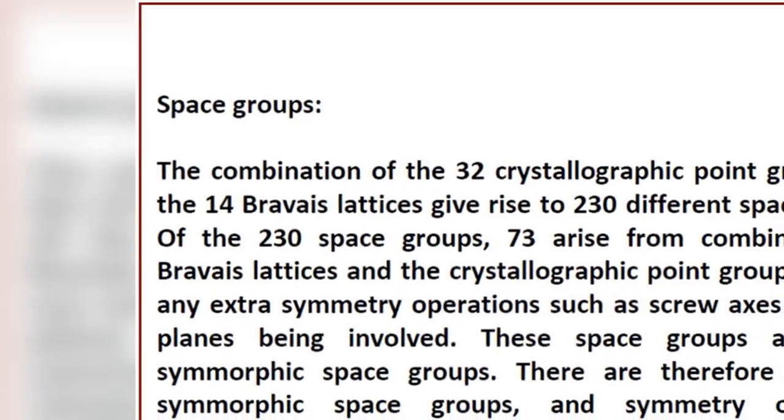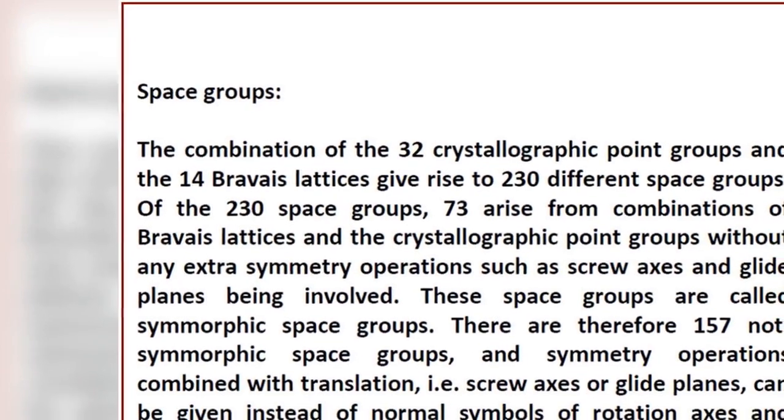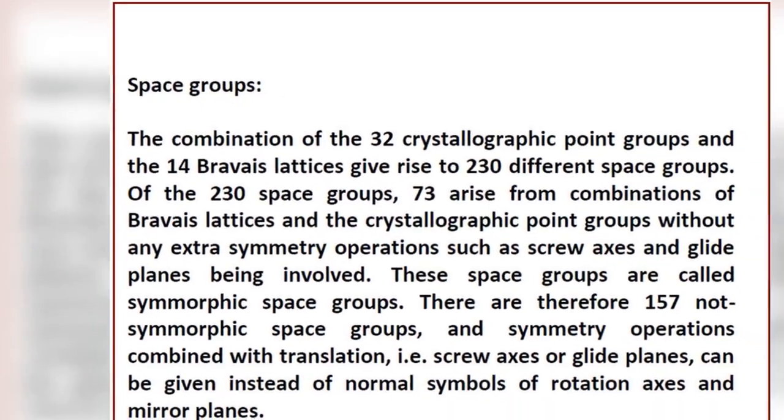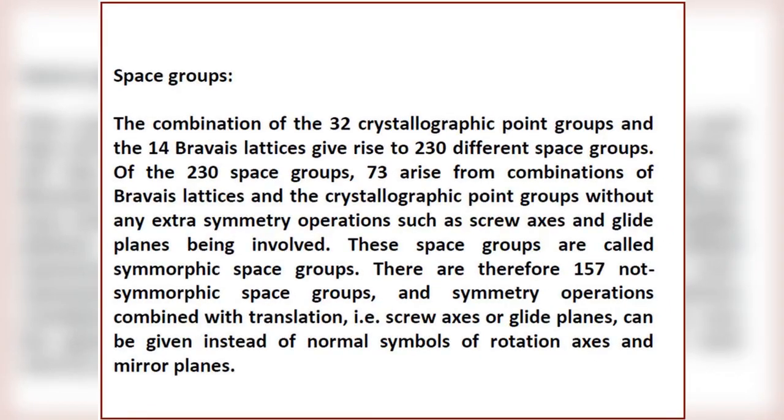The combination of the 32 crystallographic point groups and the 14 Bravais lattices gives rise to 230 different space groups. Of the 230 space groups, 73 are symmorphic space groups and 157 are non-symmorphic space groups. The 73 space groups arise from the combination of Bravais lattice and the normal symmetry operations.